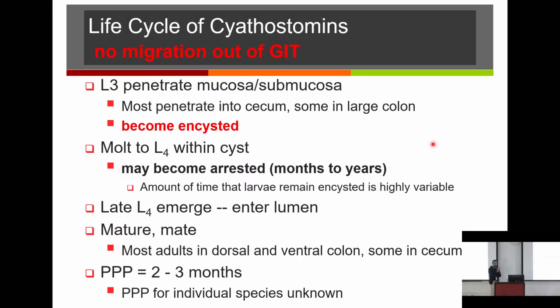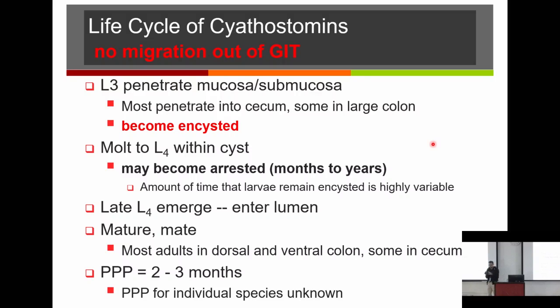And this is the time where it goes into the arrest state within the cyst there, right? And then once the temperature is favorable outside, they can further convert into L5 stage larvae, and then adults emerge there. So this is how the general life cycle of Cyathostomum will be.